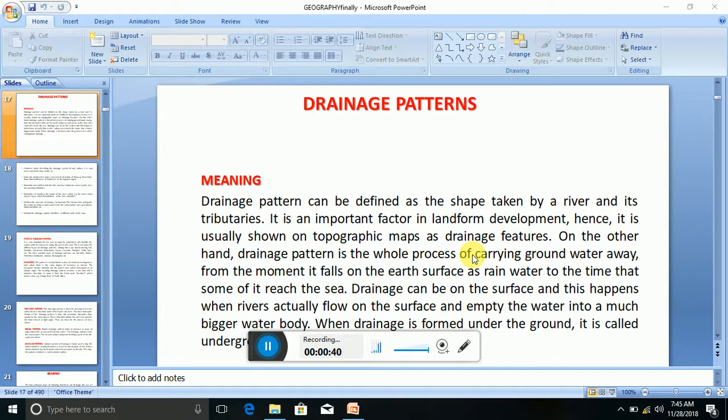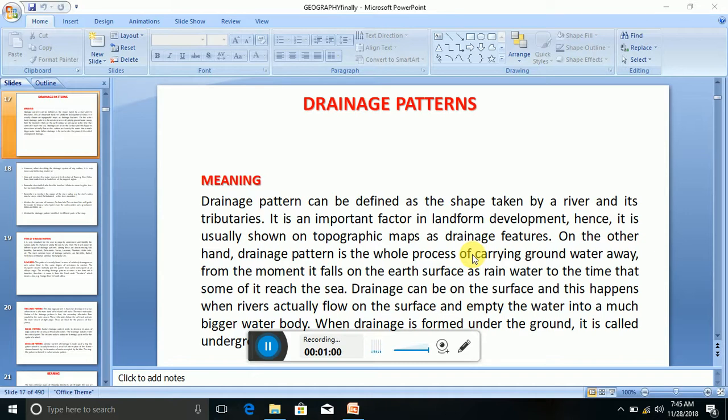On the other hand, drainage is the whole process of carrying groundwater away from the moment it falls on the earth's surface as rainwater to the time that some of it reaches the sea.